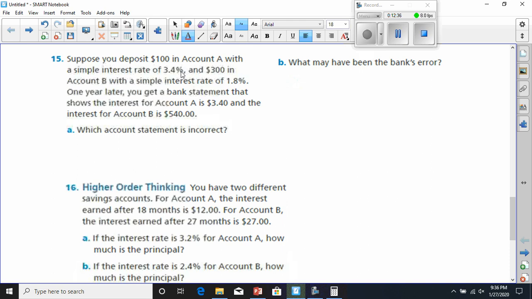Suppose you deposit $100 in an account A with a simple interest rate of 3.4% and $300 in account B with a simple interest rate of 1.8. 1 year later, you get a bank statement that shows the interest for account A is $3.40 and the interest for account B is $540. Which account statement is correct?